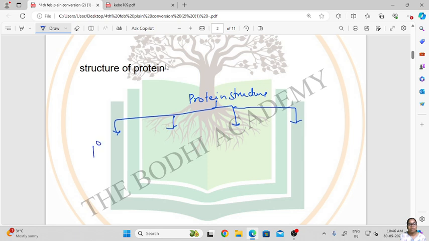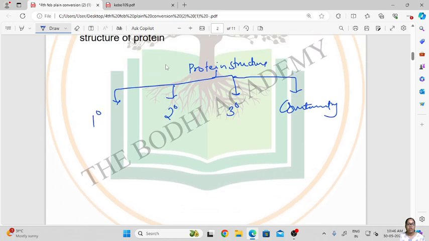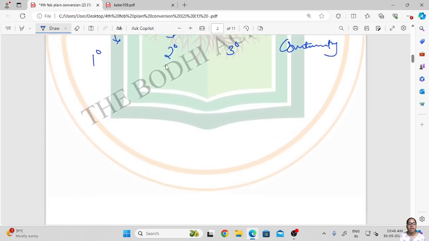First is the primary structure, secondary structure, tertiary structure, and quaternary structure. So let us learn each of the structures in detail now.